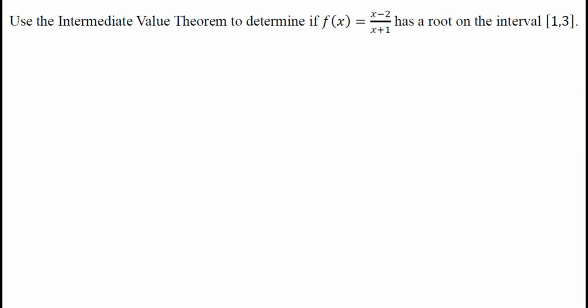All right, for our next one here, we're going to do the same process. F of x has a discontinuity at x equals -1. But that's not on our interval from 1 to 3.